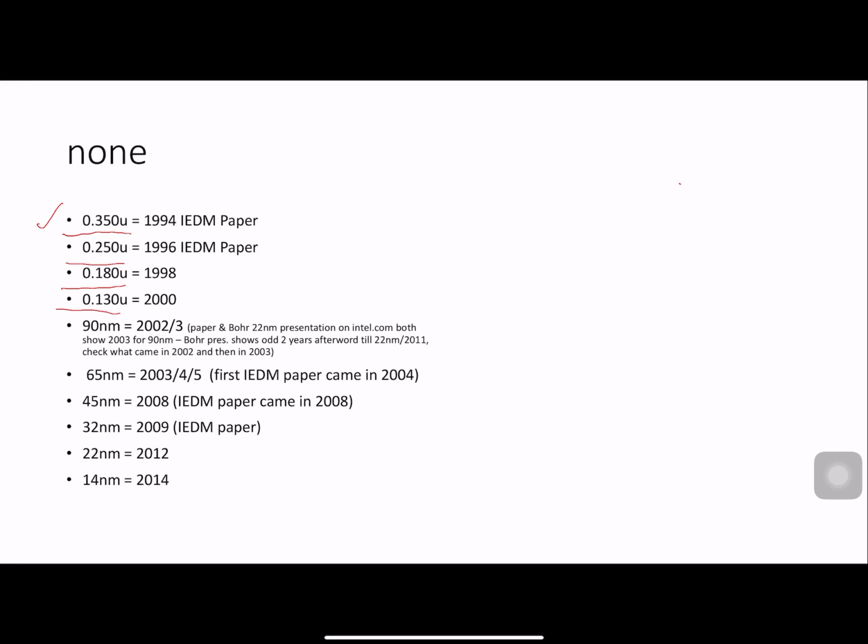Every 2 years, if the number of transistors doubles, then we can add more functionality in the same area. So if this one area had like 1 million transistors, 2 years later in the same area we can add 2 million transistors. That means we can put more functionality, more features on the chip.